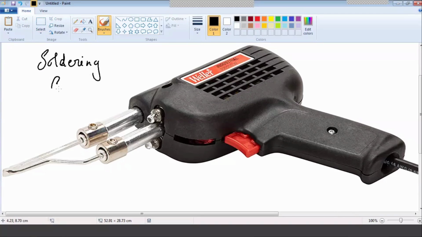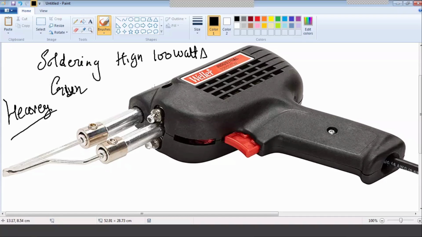It's a pistol-shaped soldering machine. It takes high power, high power consumption, approximately 100 watts, right? But it is heavier in weight. And we cannot use this gun for microelectronics use, right?